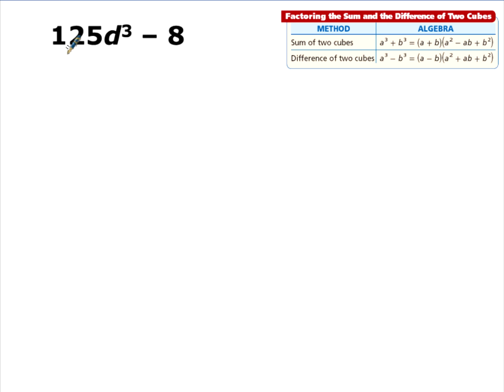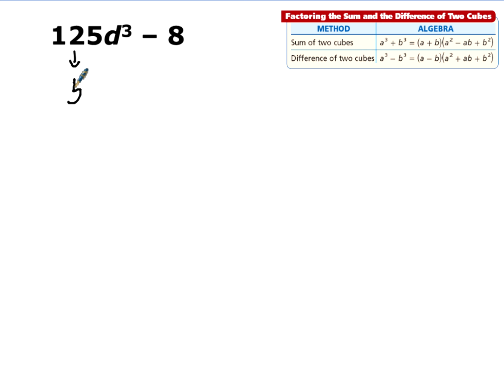Here we have another example. We have 125d to the third power minus 8. So I can recognize that using my multiplication skills, 5 times 5 is 25 times another 5 would be 125. So 125 is really 5 to the third power.